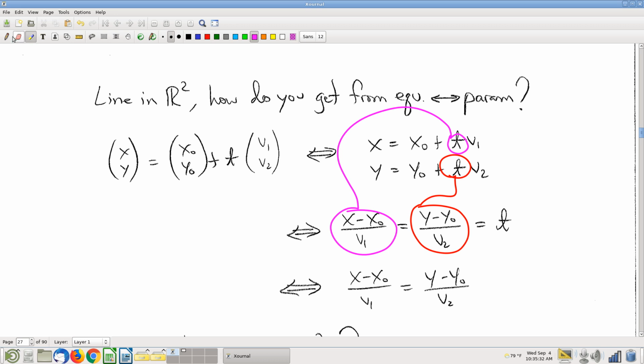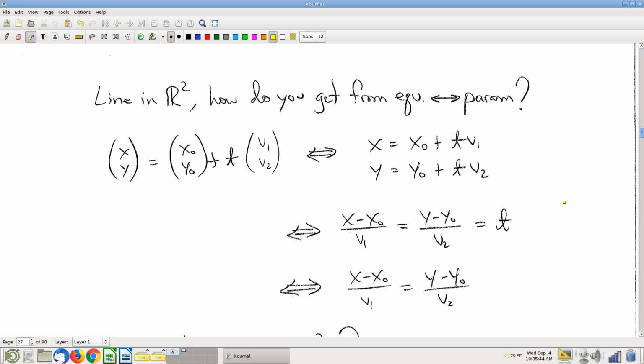It's almost a freebie. These are the same because they're both t. So notice we have here an equation for a line. There can exist a single value of t that is both of these things only if both of these things are equal to each other. So we've turned a point generator into a point tester.